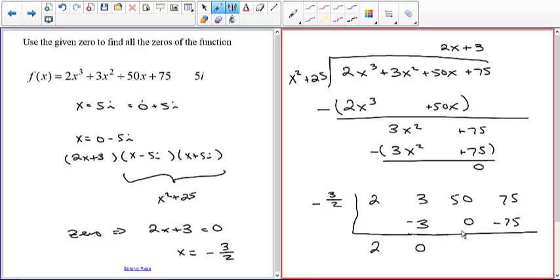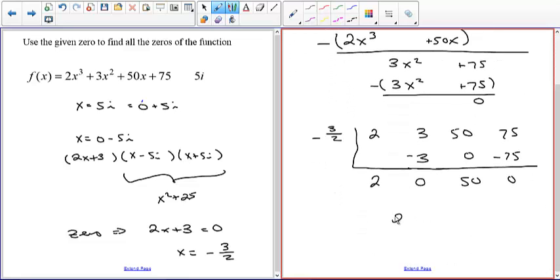Negative 3/2 times 0 is 0. 50 plus 0 is 50. 50 times negative 3/2 is negative 75. So if you did that, what you would get is 2x squared plus 50, which is the same as 2 times x squared plus 25.